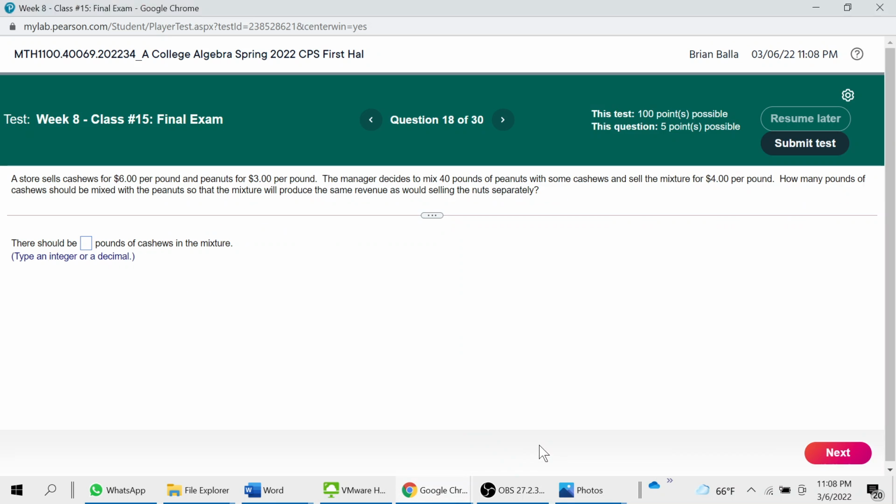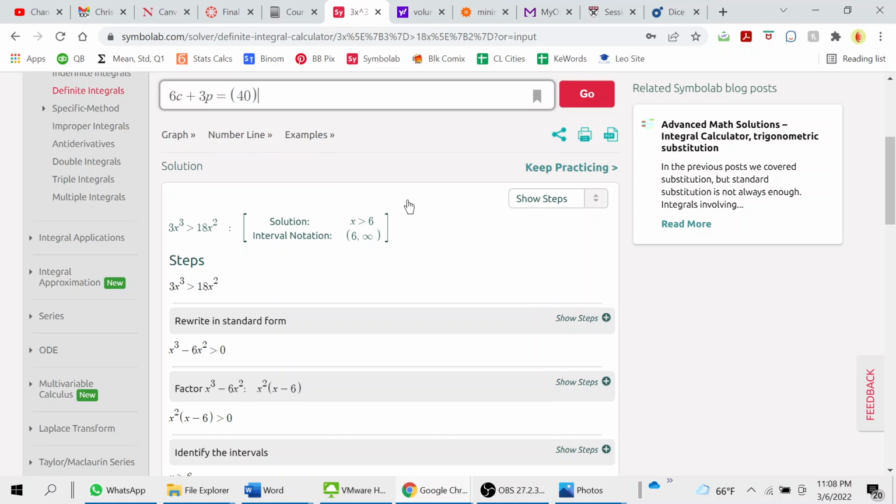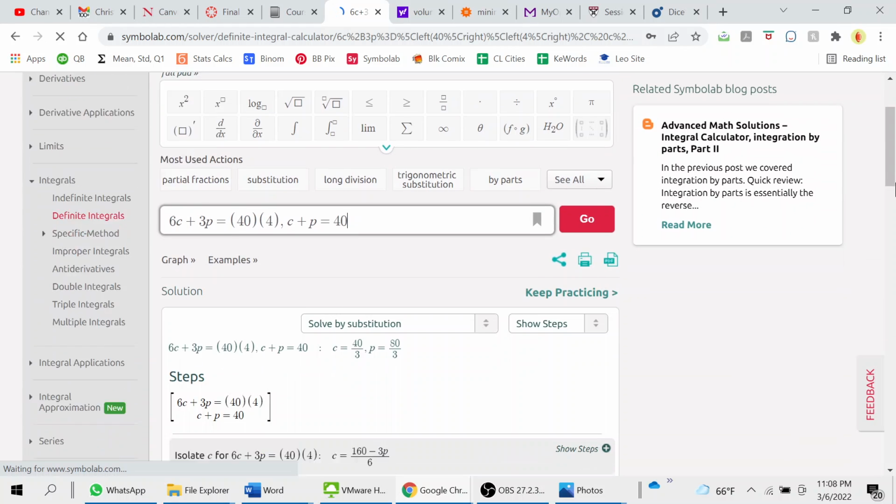The manager decides to mix 40 pounds of peanuts and some cashews for a total of $4 per pound. Okay, 40 times 4, and C plus P equals 40. Now we put in here, solve what C and P are.